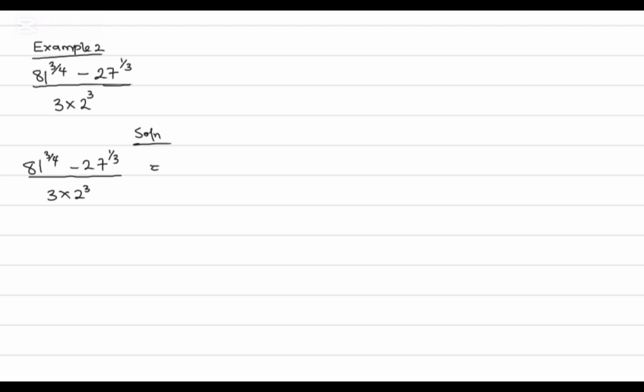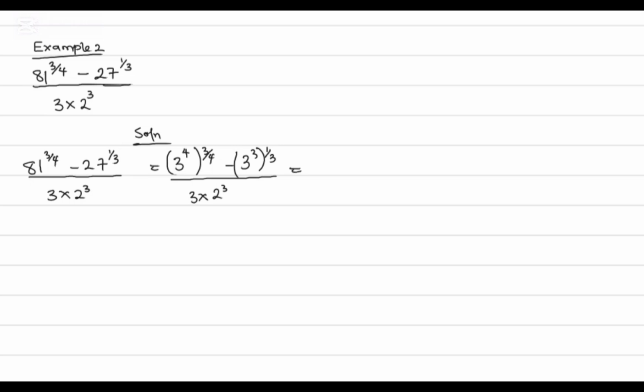You see this 81 now, because of those multiples of numbers I know, can be written as 3 raised to power 4, then into bracket of 3 over 4, minus 27, which is 3 raised to power 3, multiplied by 1 over 3, all over 3 times 2 raised to power 3.